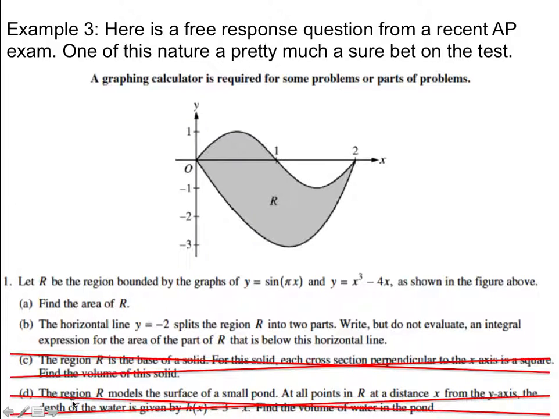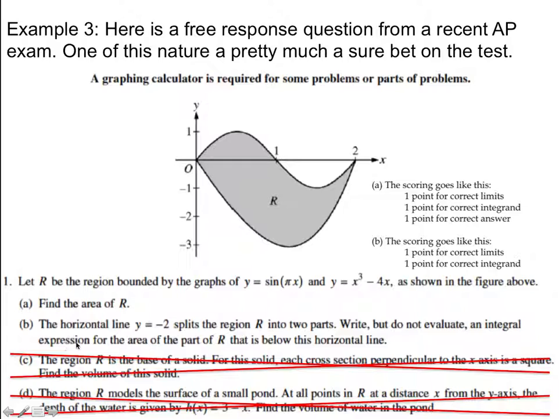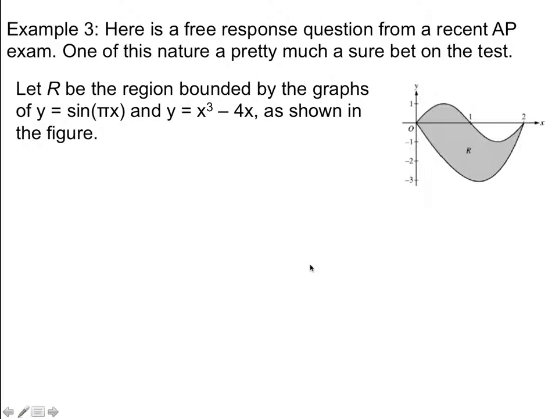We'll come back and do those 2 parts after we do section 3. But we're going to concentrate on A and B for right now. And when we talk about scoring things like this, we're scoring things for components of our setup. So we'll go over the scoring as we go through this.